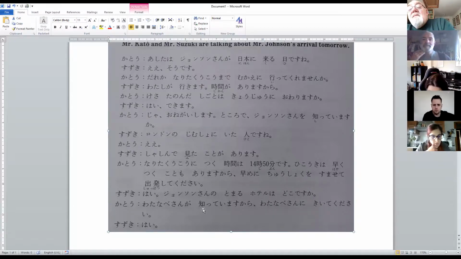Shitteimasu kara, Watanabe-san ni, 聞いてください。 It's not easy when I'm reading it like this. Let me read it to you so you can translate it. Watanabe-san ga shitteimasu kara, Watanabe-san ni kiite kudasai.